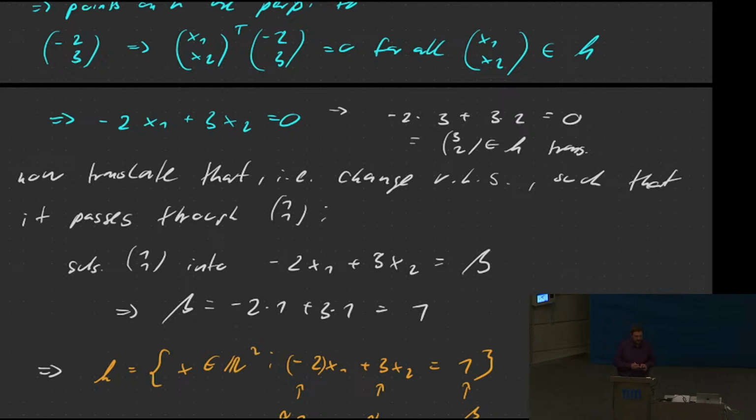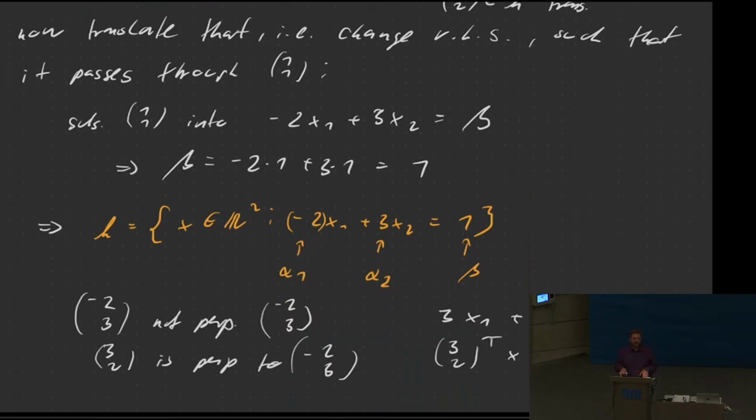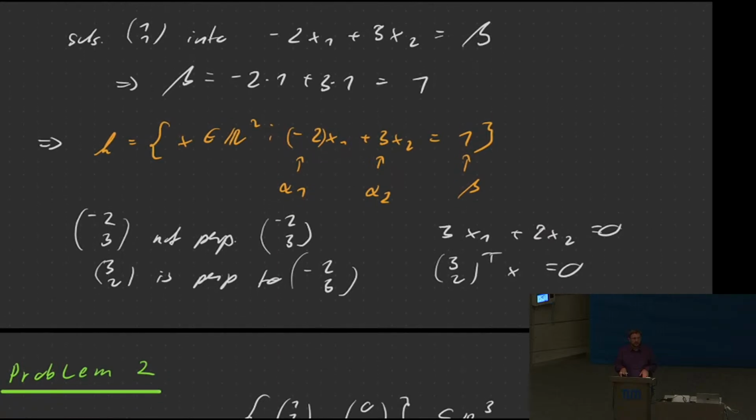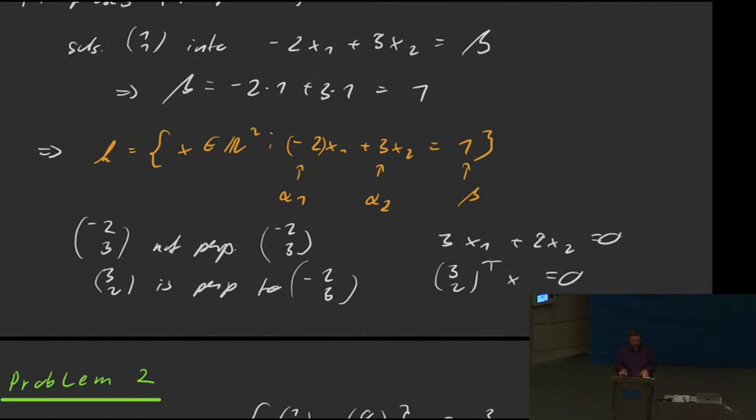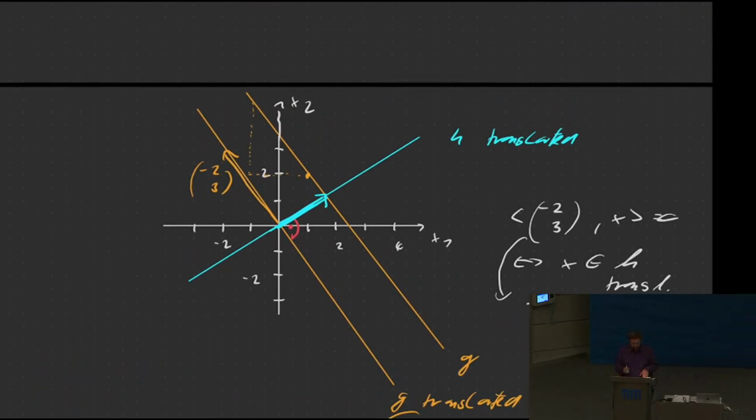It's not the direction of H. So if we wanted H to pass through the origin, or if we just didn't care, then of course this equation here would already be the solution, right? So any line that has these coefficients on the left is perpendicular to G.